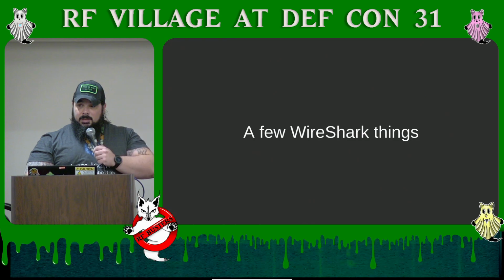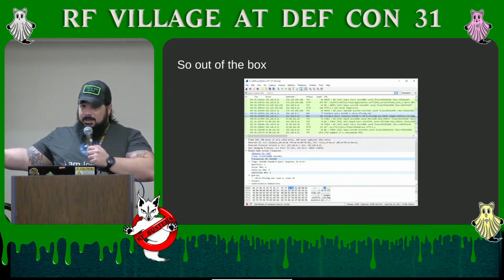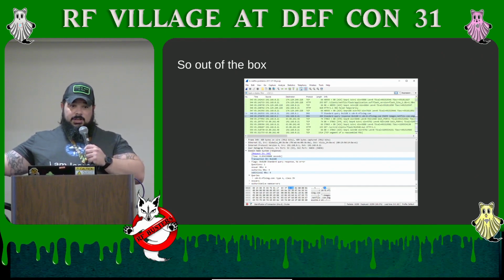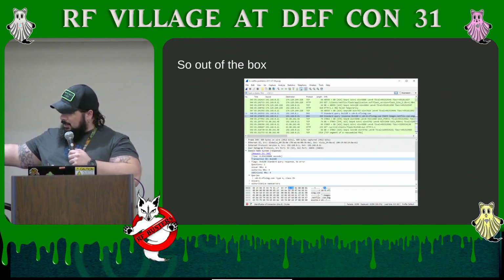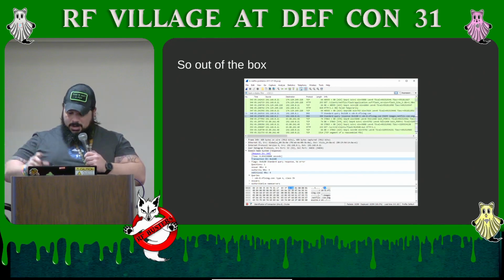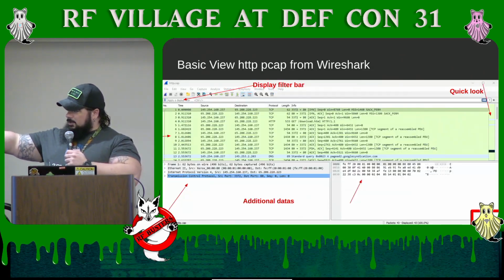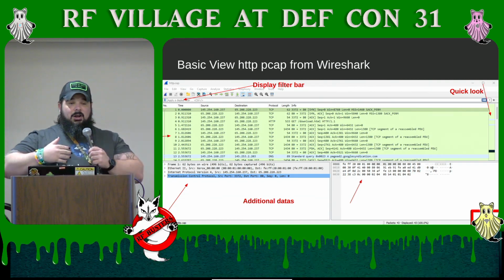So, some of you may already be familiar with Wireshark. I just installed it and I opened it with the HTML PCAP from Wireshark view, right? That is out of the box Wireshark. At the top, you've got a display filter. On the right side there is what I call the quick look.